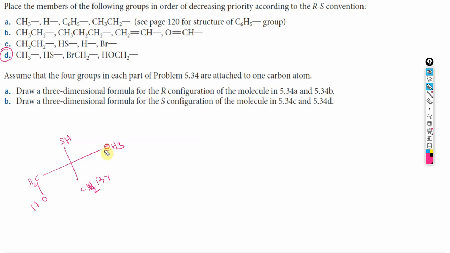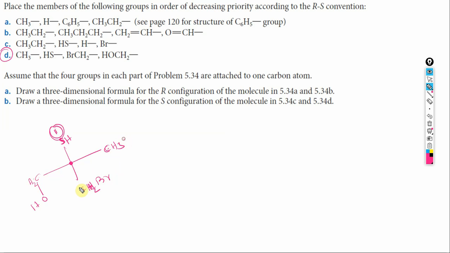Okay, CH2Br. So the first priority among these four groups is going to be the sulfur, because you have to look at the stereogenic carbon, and the first atoms attached are sulfur, carbon, carbon, carbon. So sulfur is higher in atomic number than any of these, therefore it is the highest priority. And among the remaining three groups, carbon, carbon, carbon, it's a tie.